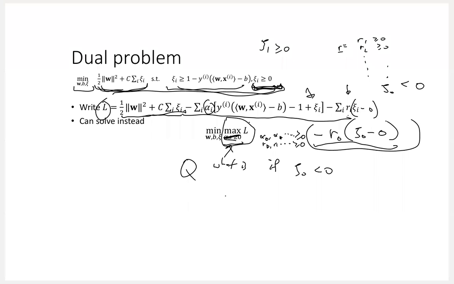Now the question is: if I have this problem, maximizing L with respect to alpha and R all bigger than or equal to 0, and one of these constraints is violated, for example C0 is less than 0, what will be the value of this thing here?